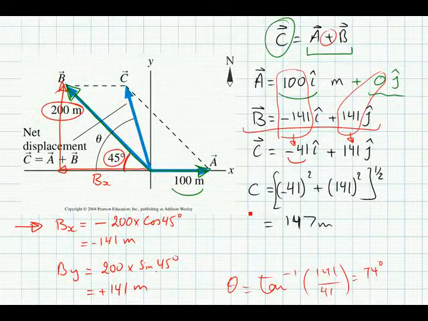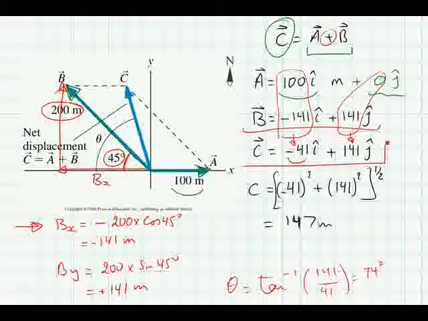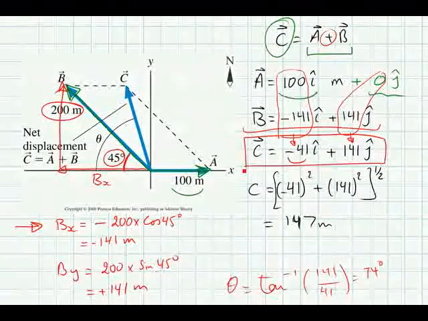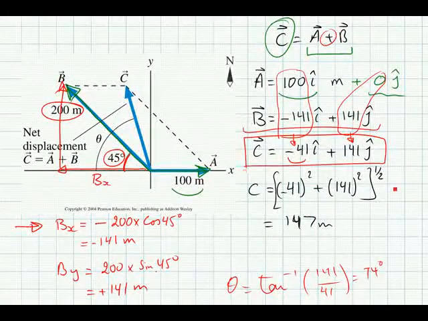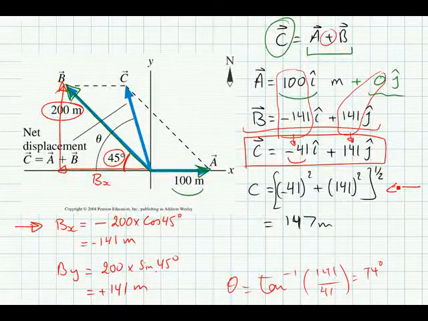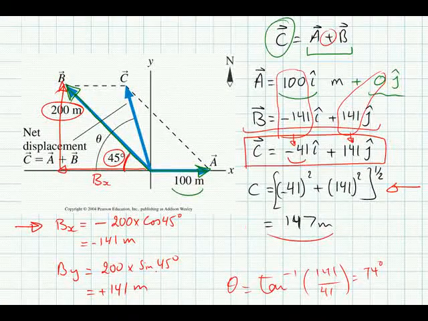So vector c can now be written in the form of minus 41i plus 141j. So the magnitude of vector c itself is then, using the Pythagorean theorem, square root of minus 41 squared plus 141 squared, which is 147 meters. That's the magnitude of vector c.